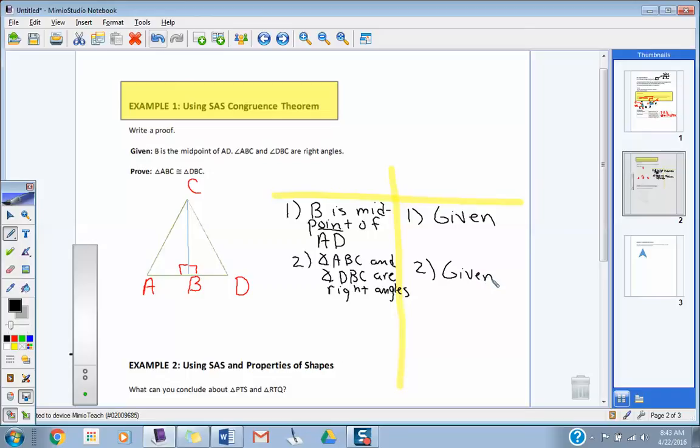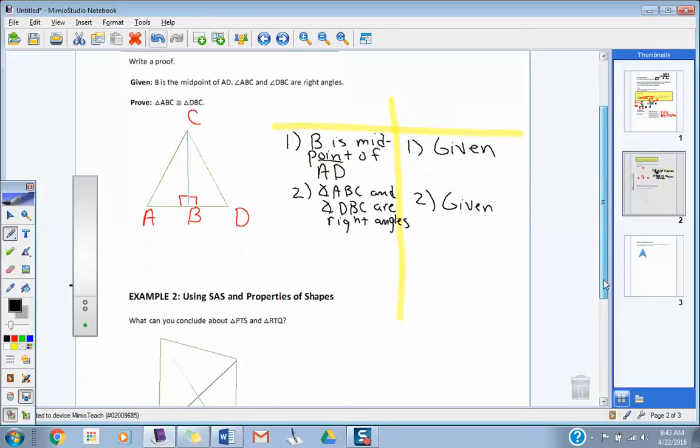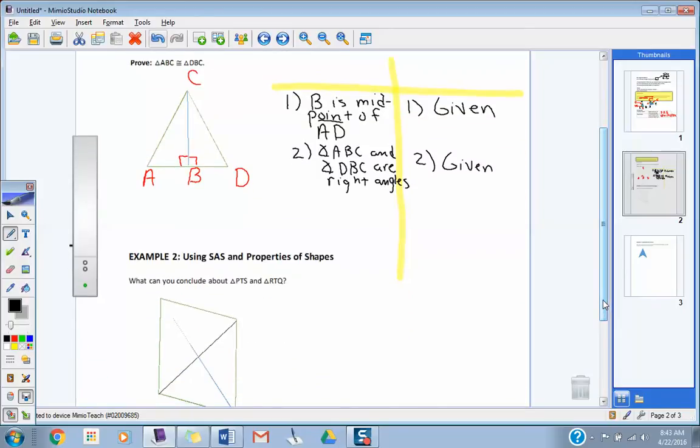Okay, so what's the core concept today? Prove triangles are congruent by SAS, which stands for side-angle-side. We want a corresponding side, included angle, and corresponding side to match two triangles to show that they are congruent.